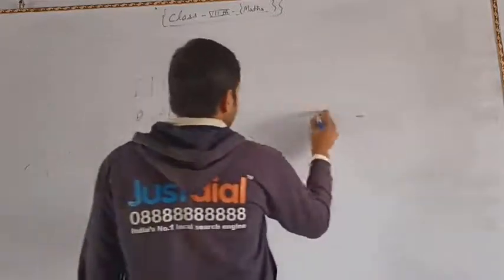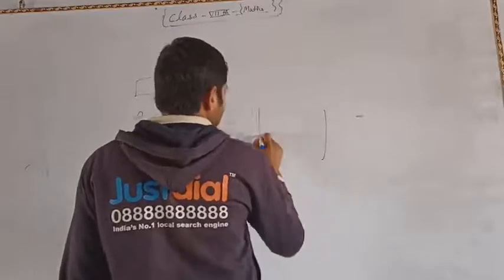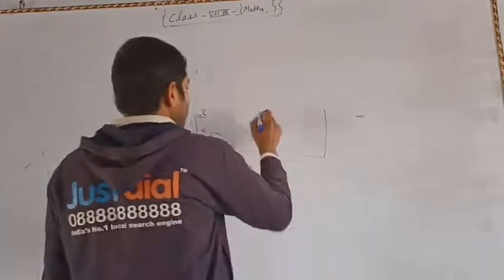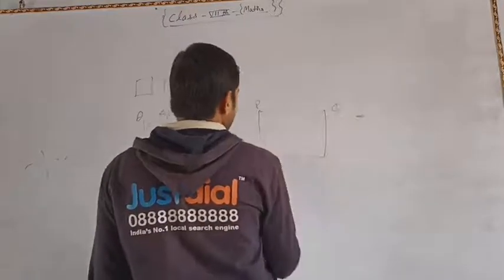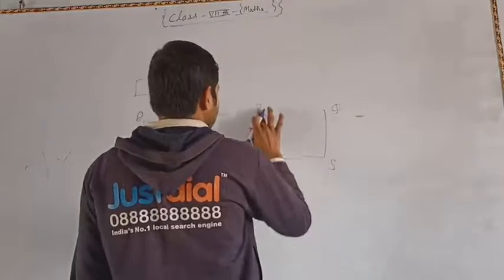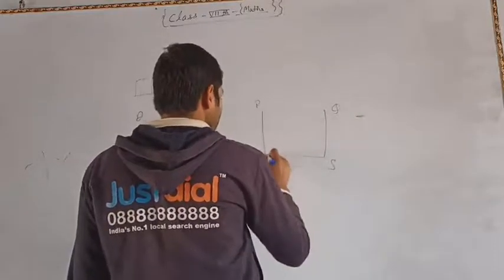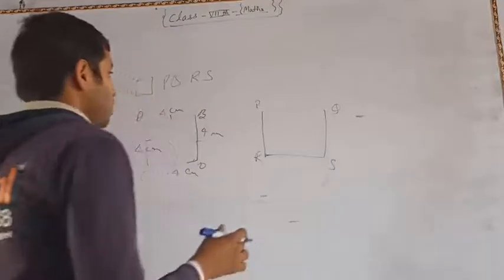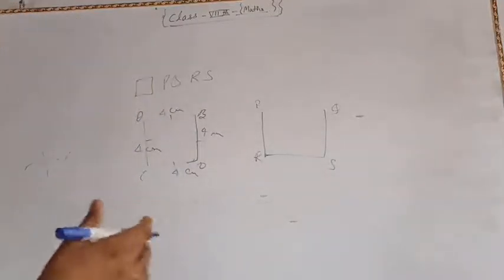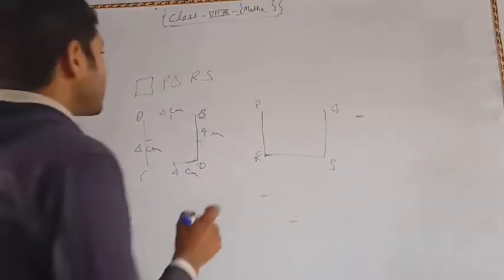And here you are also given square PQRS, with vertices P, Q, R and S, and each side of square PQRS is also 4 centimeter.